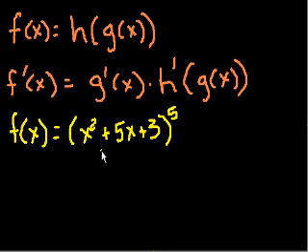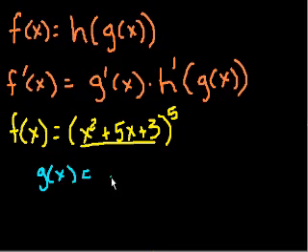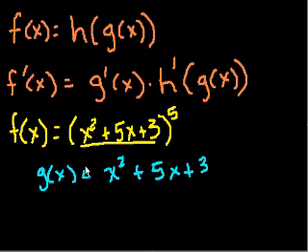Well, let's say g of x would be this inner function. G of x here is x squared plus 5x plus 3, right? It's this stuff. That's g of x.